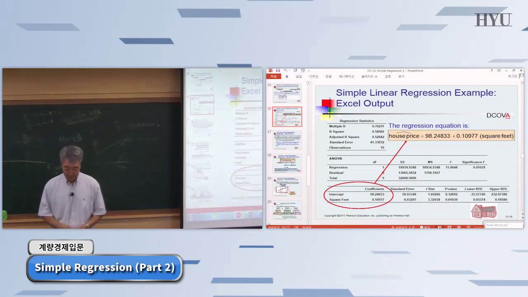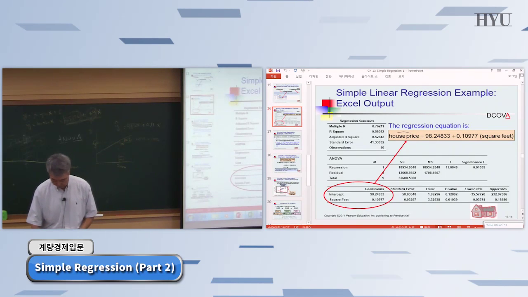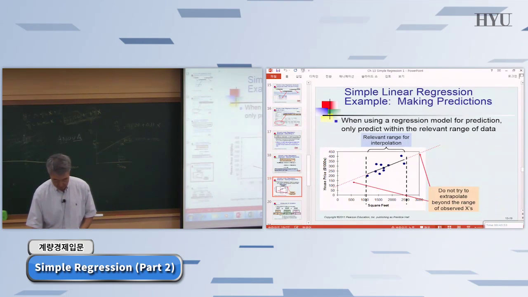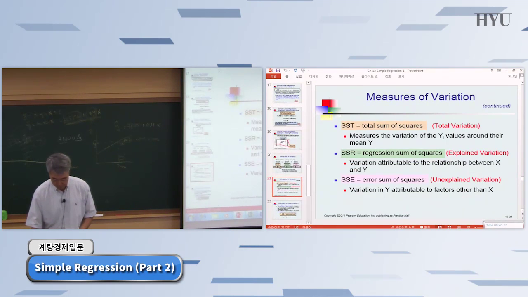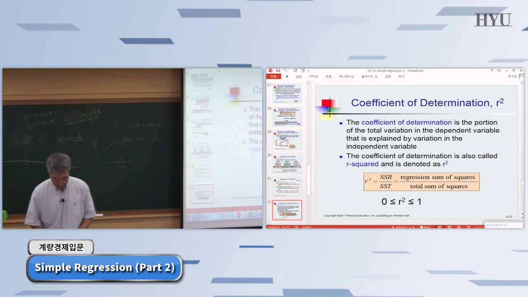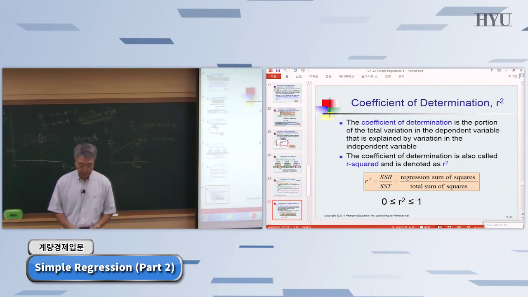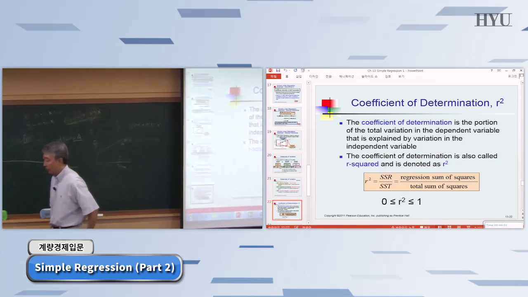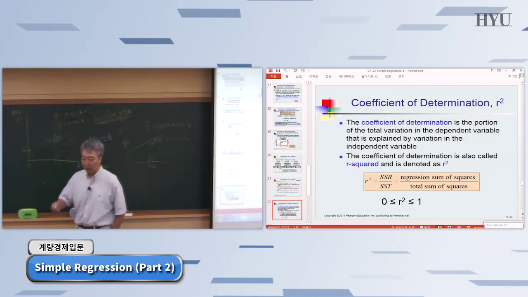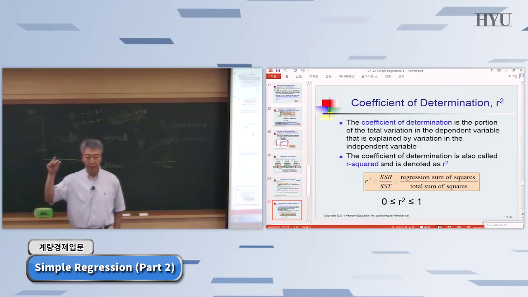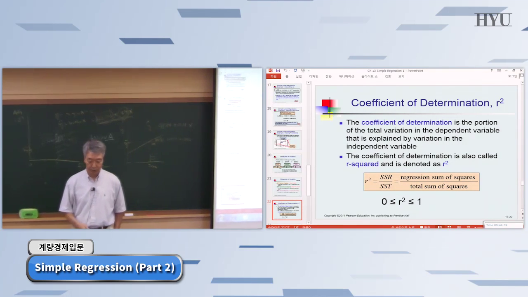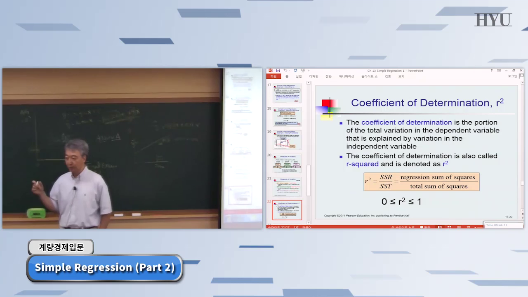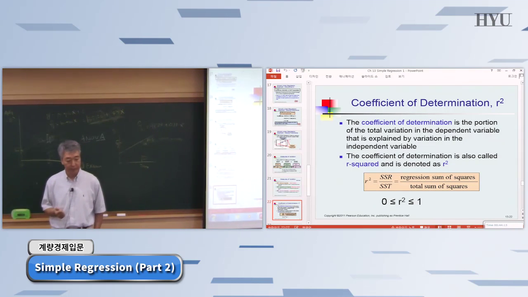Anyway, that's the concept of R square, or coefficient of determination. You should be able to interpret that number. R square is SSR divided by SST, as you see here, the regression sum of squares divided by the total sum of squares.